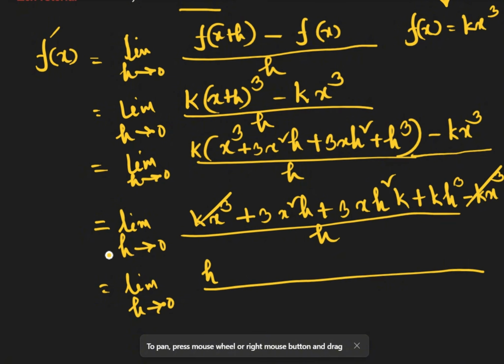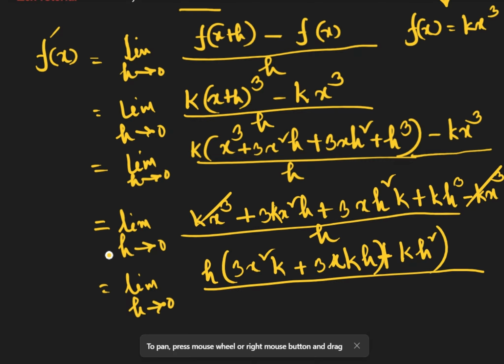Let's take h as a common part of each term. So this will be 3x square, and here I think k is missing, so we have to write down the k here as well. So let's write k here, plus 3kxh, and then plus kh square, and here will be h. So this one cancels out.